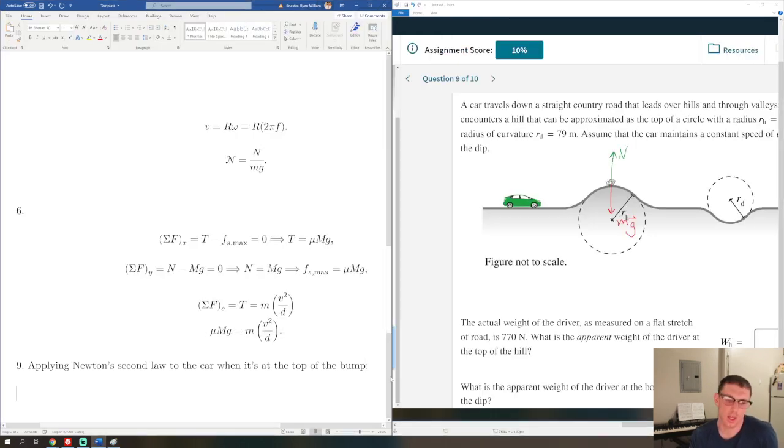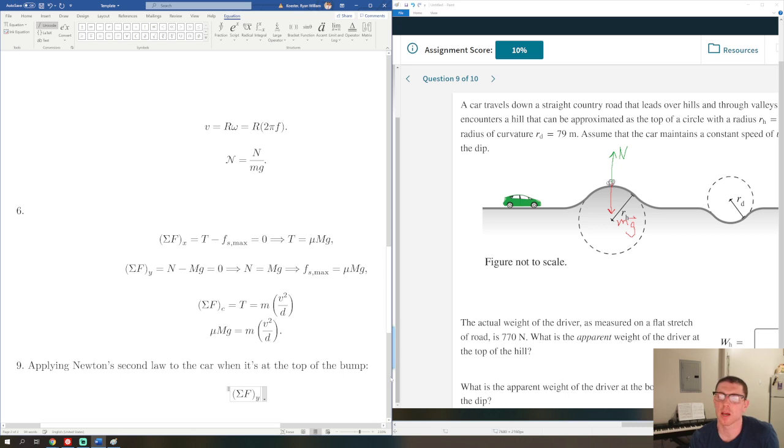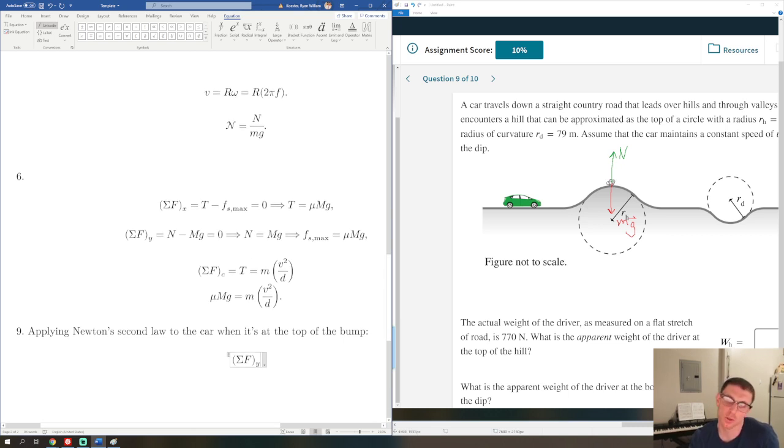I'll start this and then I'll have one of you tell me what to do. In this case, my negative y direction would be in my centripetal direction. So we have the normal force minus mg. Now, what do I write over here to complete the statement of Newton's second law? What do I put?